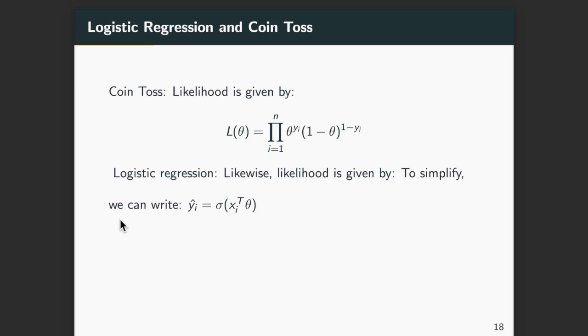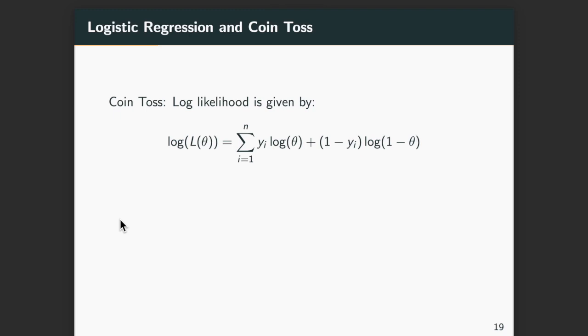Right? What is the value that yi hat can take? Between 0 and 1. It is trying to encode the probability of obtaining class 1 given the input x. So if we just put yi hat to simplify our life, we can write the likelihood of theta for the logistic regression problem as the product from i equal to 1 through n of yi hat to the power yi into 1 minus yi hat to the power 1 minus yi. Right? So we've just done the substitution, nothing beyond that.